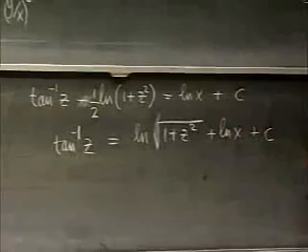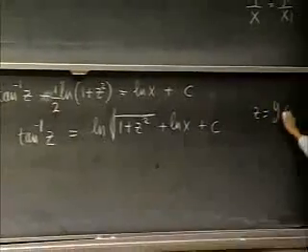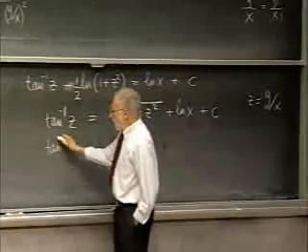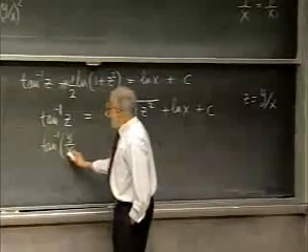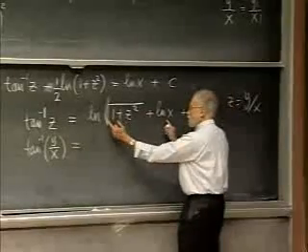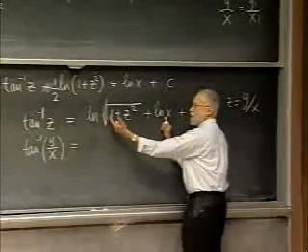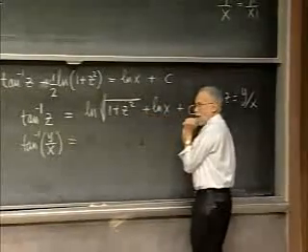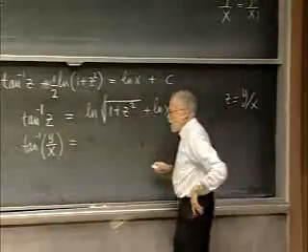And now I'm going to go back and remember that z equals y over x. So this becomes the arctangent of y over x equals, now, I combine the logarithms. This is the log of x times this square root, right? Make one logarithm out of it. And then put z equals y over x.